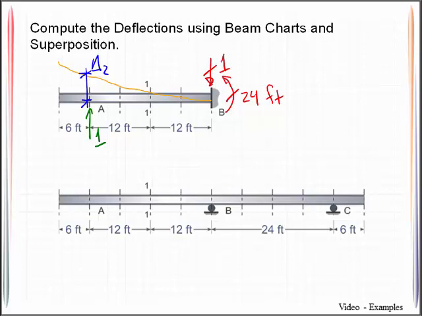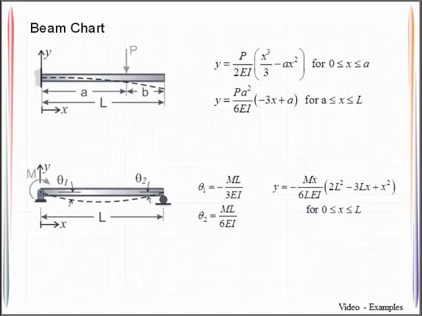Okay, what I will do is I can look at a beam chart, one that has a point load on it, cantilever beam, and I recognize that in my particular case I need to be looking at what the distance is to that point load and also what the coordinate is for my desired deflection, which in this case also happens to be at the same location.